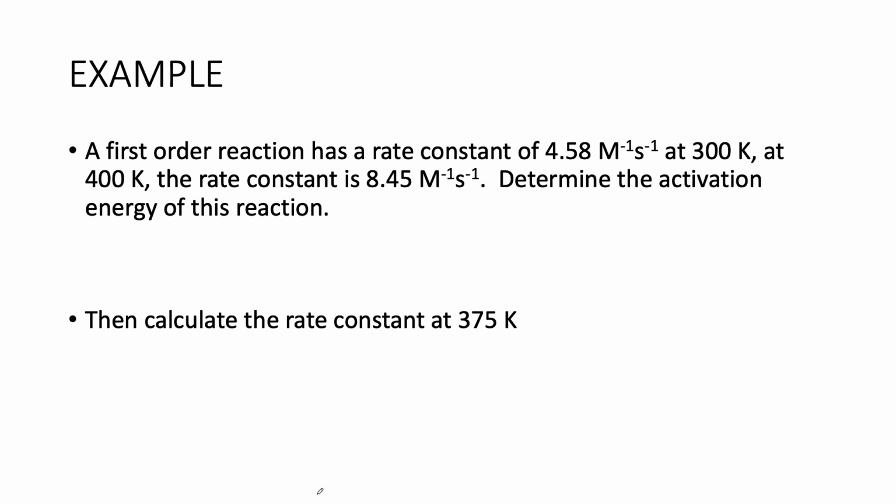We're given a rate constant at a certain temperature: 4.58 molar to the minus 1 seconds to the minus 1 at 300 K. At 400 K, the rate constant is this. We want to determine the activation energy.